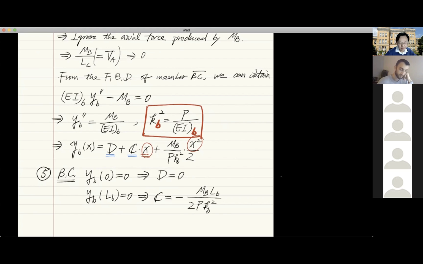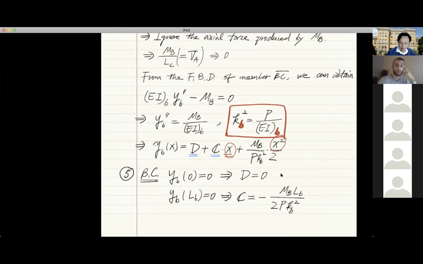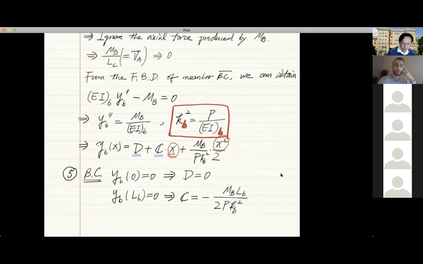Should be like this. Should it be on the numerator though? Because if you look at the definition of KB squared is P over EIB. So EI is P over KB squared. Yes, you're right. So KB squared should be in the numerator. So if you want to do this by including the KB, and the KB squared is here. Like this.